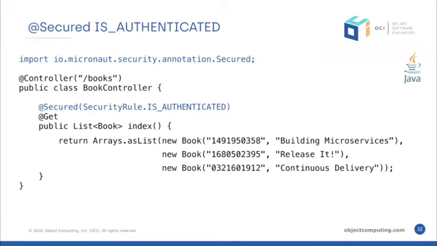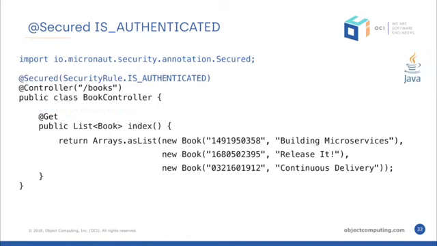The easiest way is probably to use the @Secured annotation with the SecurityRule.IS_AUTHENTICATED constant, which is a string with the value isAuthenticated(). That will lock this controller endpoint, and it will be accessible only to authenticated users. Another way to do this is to use it at the class level.